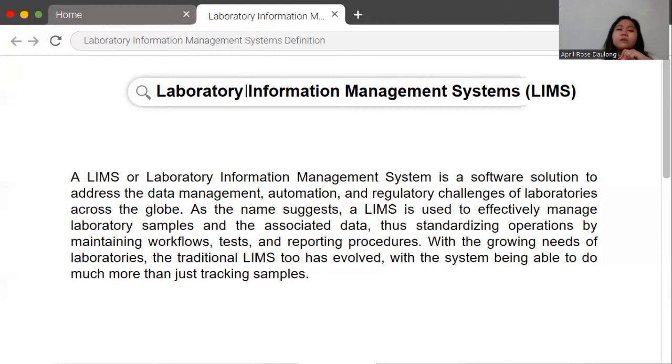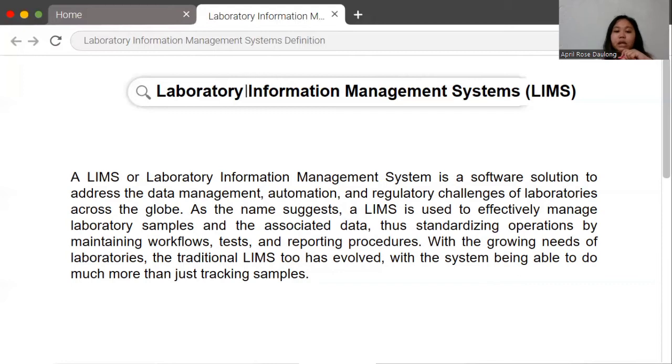So, kapag mugamit ka og laboratory information system, mas efficient siya kumpara sa kanang mga manual or mga traditional nga paagi. And with the growing needs of laboratories, the traditional LIMS too has evolved, with the system being able to do much more than just tracking samples.